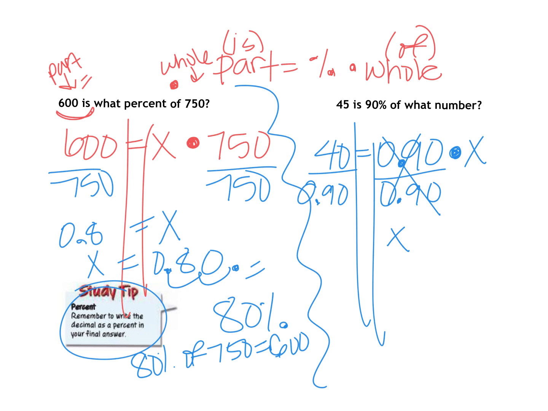That cancels, so we have x equals, and then we do 45 divided by 0.9, and we get 44.4 repeating. So I'm going to flip that around. X equals 44.4 repeating, or we could round it to the nearest tenth and just have it be 44.4.